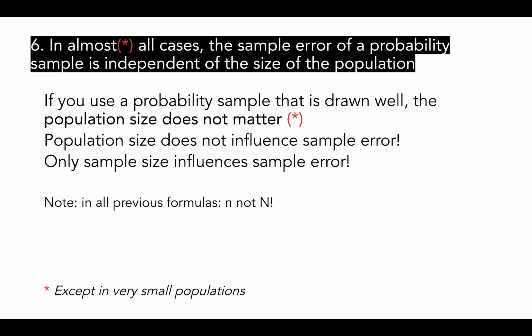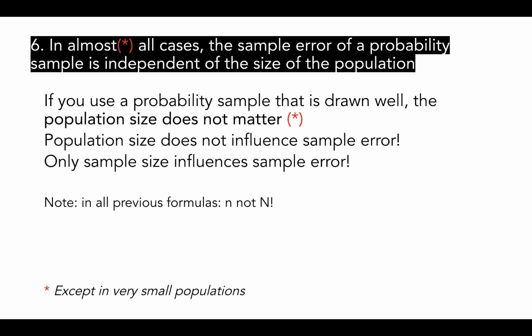In other words, even if your population is huge and you take a very small sample of the population, it's actually the sample size that influences your sample error and not the population size. The only exception is with very small populations, but that's not part of this class. We're not going to cover that.